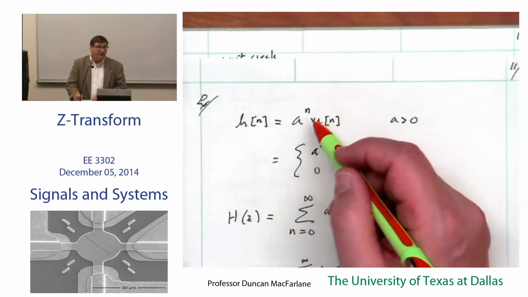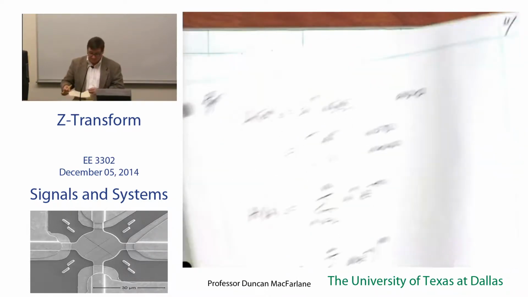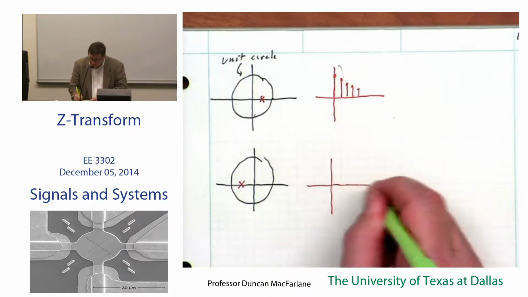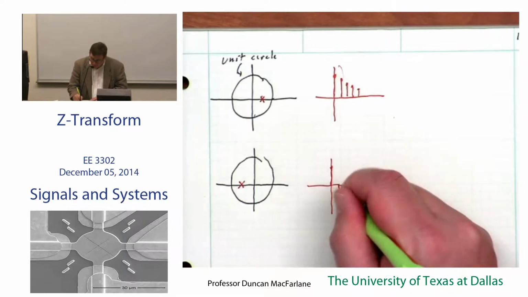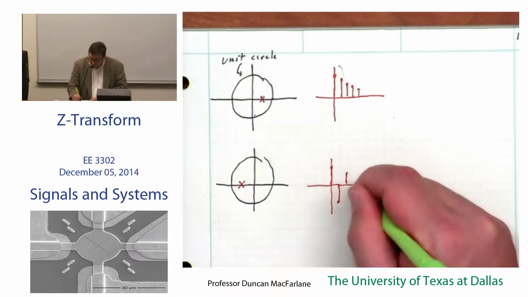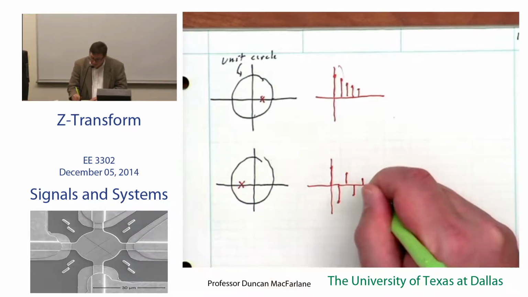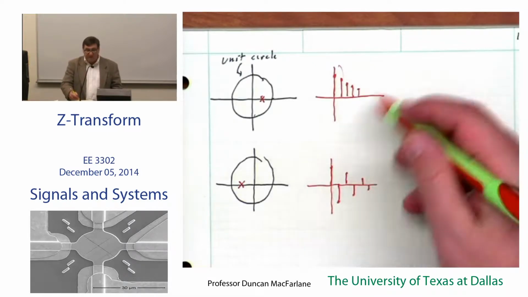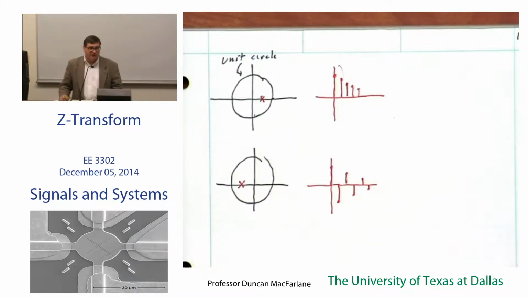When n is odd, I have a leftover minus sign. So I get the same behavior, but I get an oscillation. So I get a nicely converging system, but one is only positive and the other is oscillating.